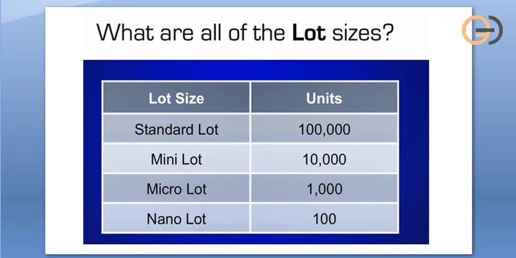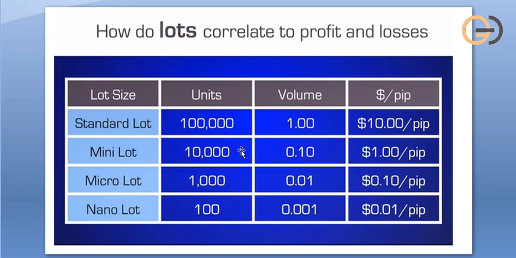Okay, so for example, for a standard lot, the units of currency you can purchase in the forex market is 100,000, and the volume that can be given to you is 1.00, which of course, if price moves in your favor, for 1 pip, you are going to get $10.